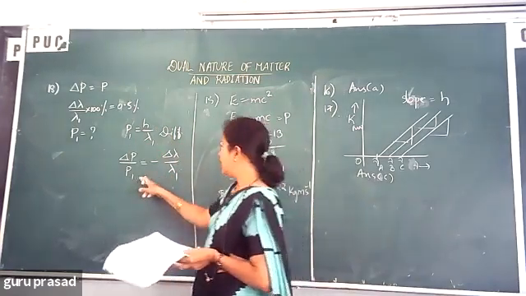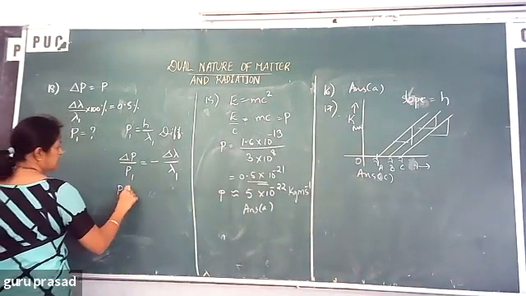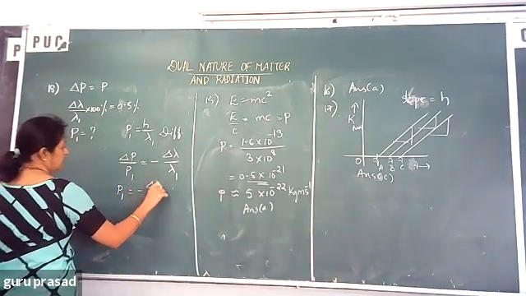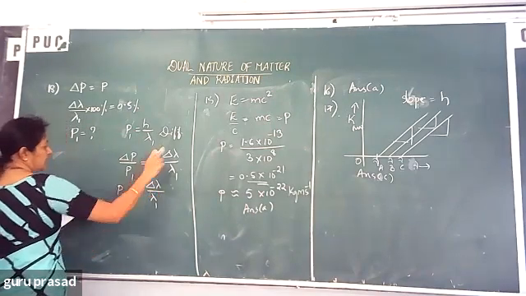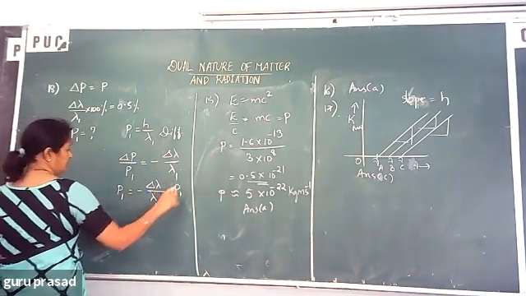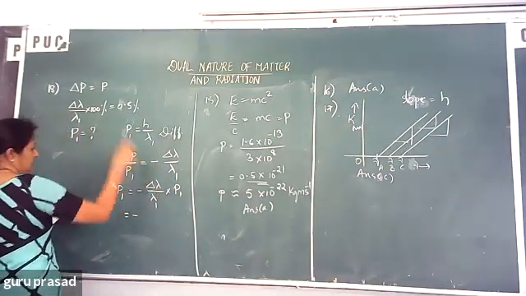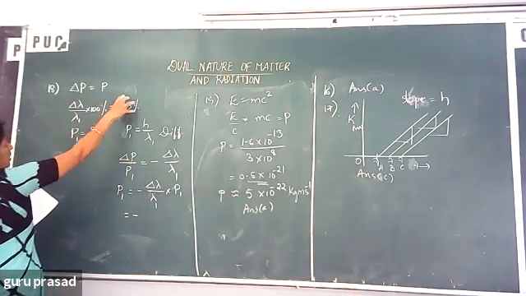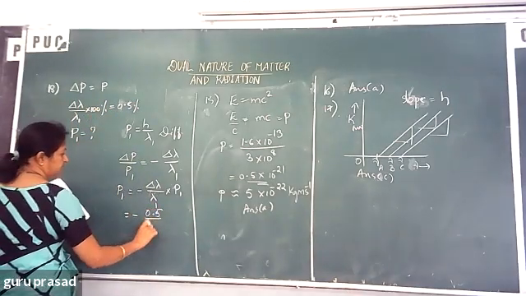Now I want the initial value P1. So P1 is equal to minus delta lambda by initial value lambda 1, into P1. We will substitute minus delta lambda by lambda means 0.5 by 100.